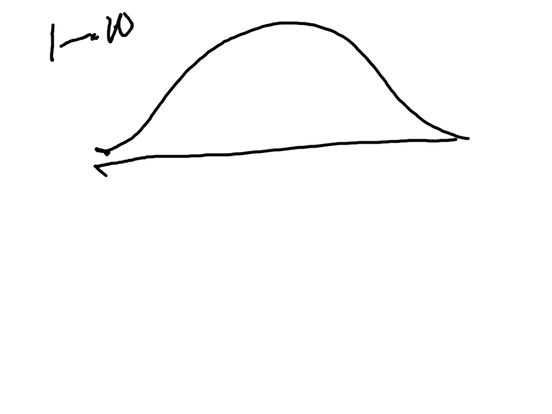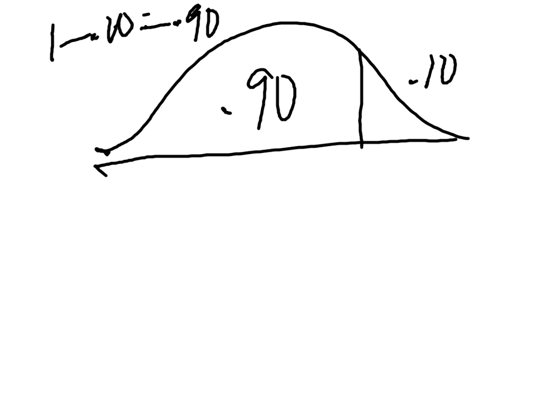Remember, the alpha was 0.10. It's a right-tailed test, so that means that 90% of the area is non-critical, and 0.10 is our critical area there.